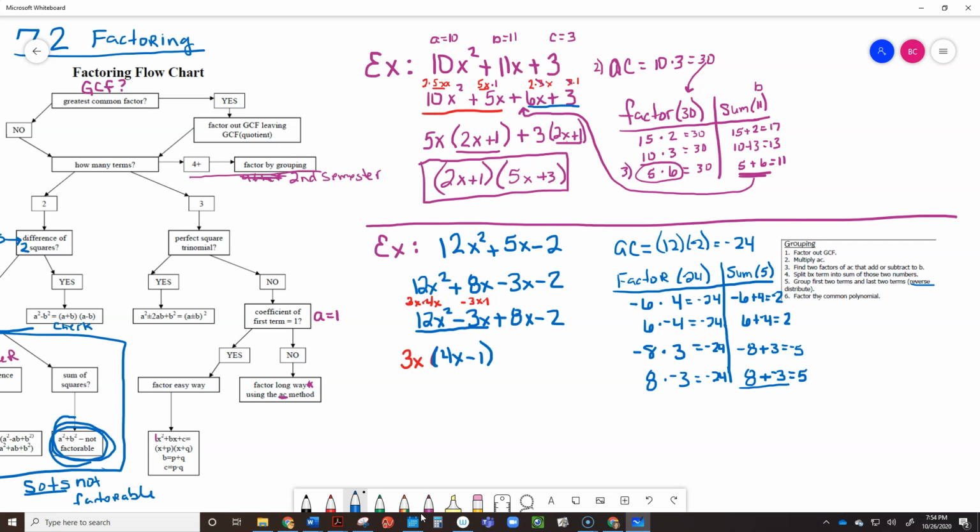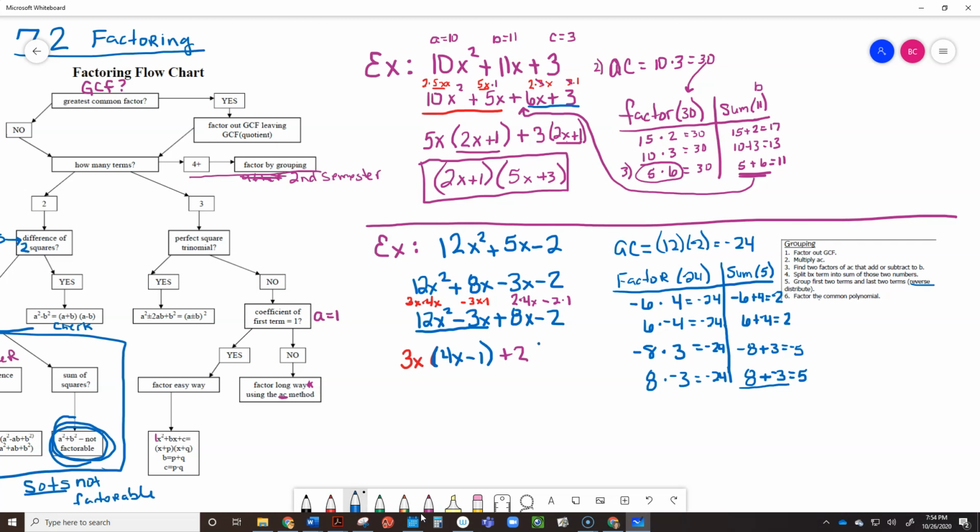So I put those two together because I recognized that 3 would factor out with the 12. Now over here, this could be 2 times 4x, and this could be 2 times 1, and the thing they have in common is a plus 2.